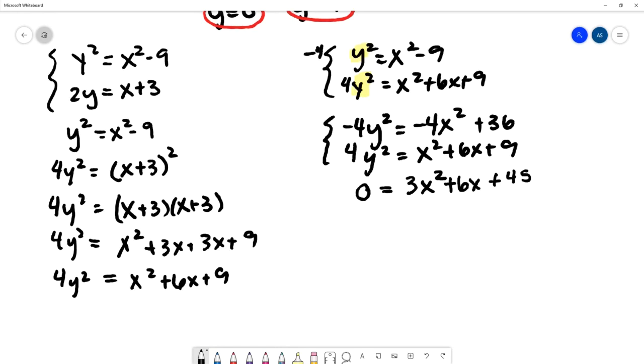I'm going to try to solve this quadratic equation. I can factor out a 3. That's x squared plus 2x plus 15.